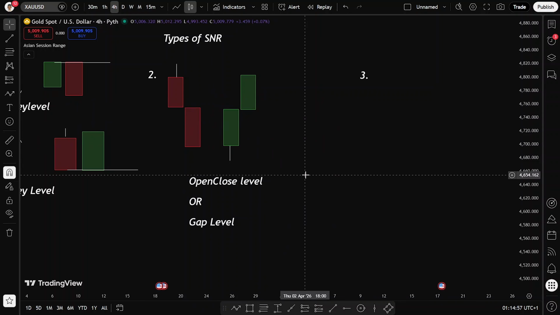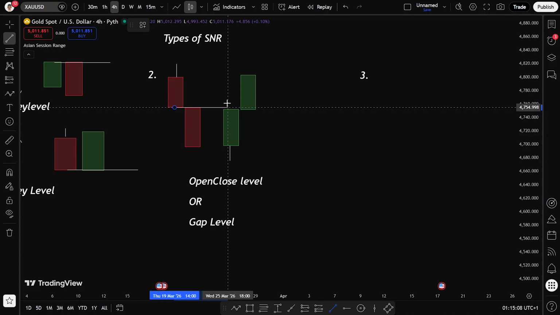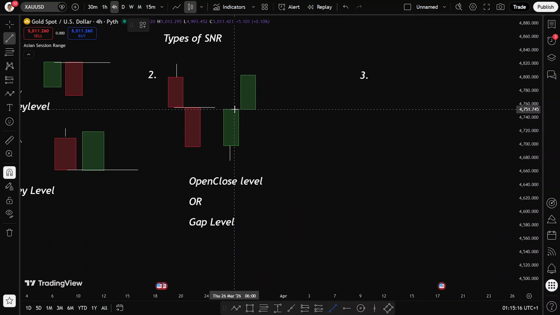So this is how you mark out your open close level. Mind you, the open close level can be a support level and can be a resistance level. For a bearish, it is a resistance level, and for a bullish, it is a support level.